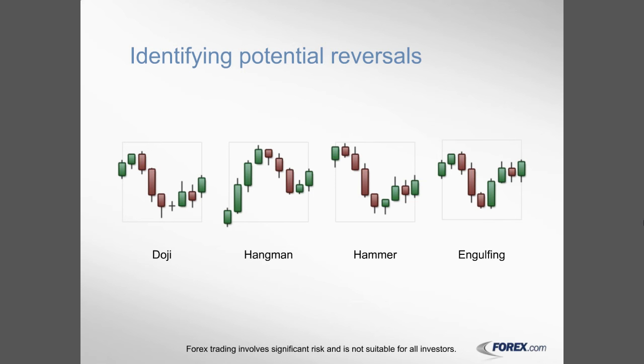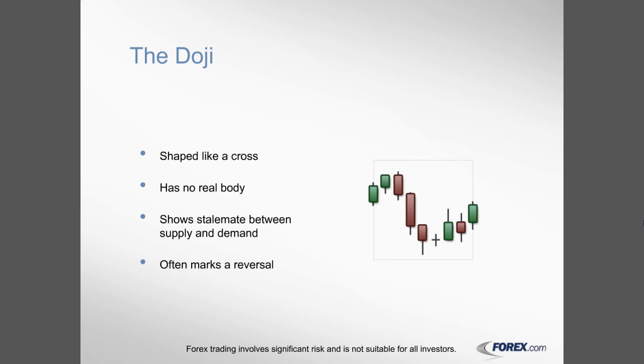And I'll show you what I mean by that as we're going through our class today. Now let's go ahead and talk about some of the most popular candlesticks, the ones that we see the most. So we're going to go over some different candlestick patterns that can tell us that the market may be about to reverse direction. I'm going to show you four of the most common patterns that we see on our chart: the doji, the hangman, the hammer, and the engulfing pattern.